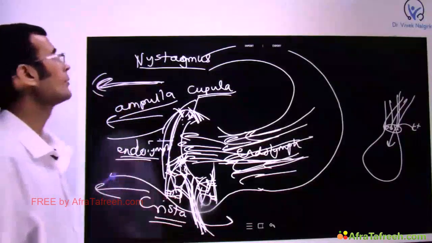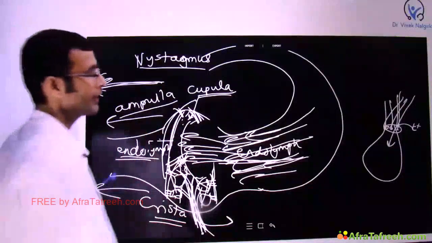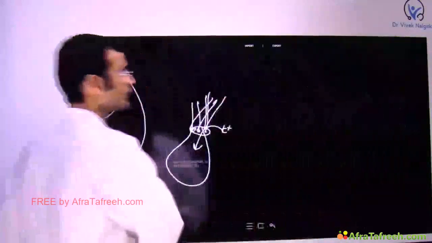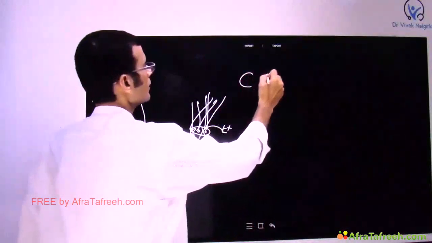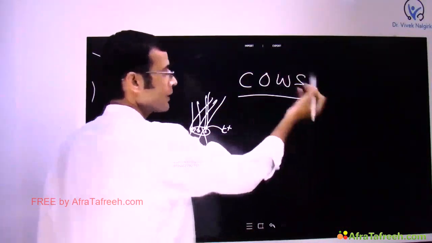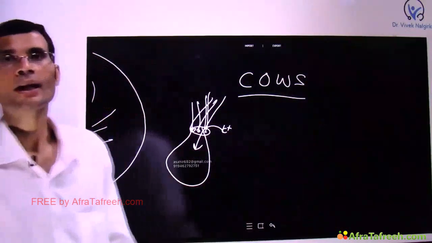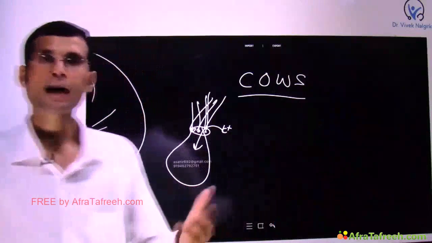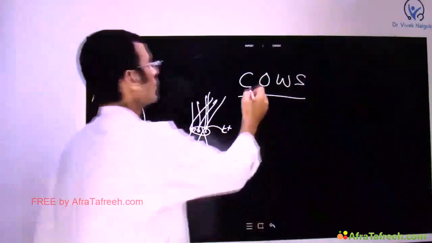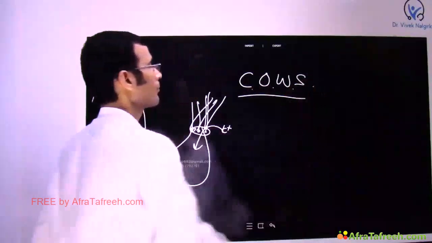And finally, one more condition that produces nystagmus, oscillatory movement, is temperature, and its mnemonic is COWS, as you must be aware. Cold, opposite, warm, same.